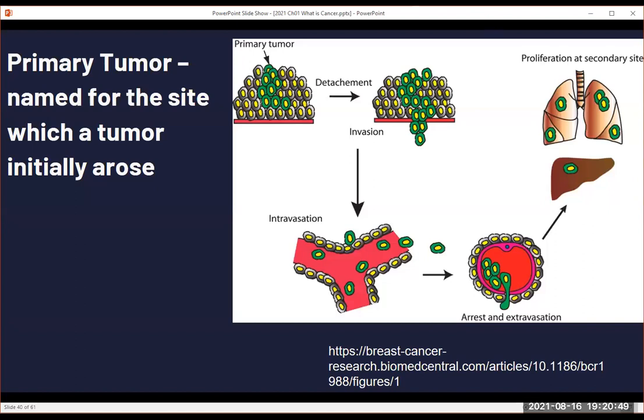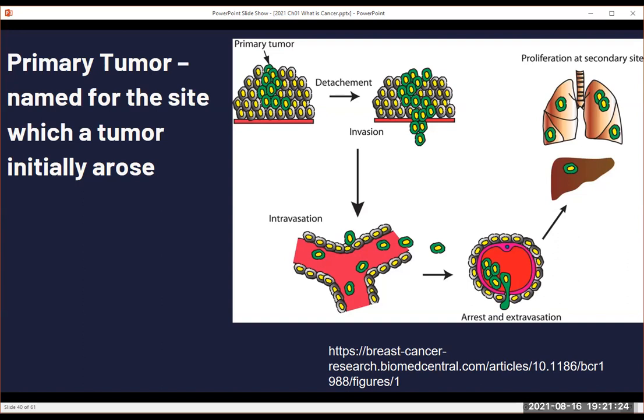We talked about the fact that cancers can arise in one location and metastasize and move to another location in the body. But a cancer will be classified, named and discussed with regard to the name of the primary tumor. When we say primary tumor, we're talking about where that cancer arose in the body first.